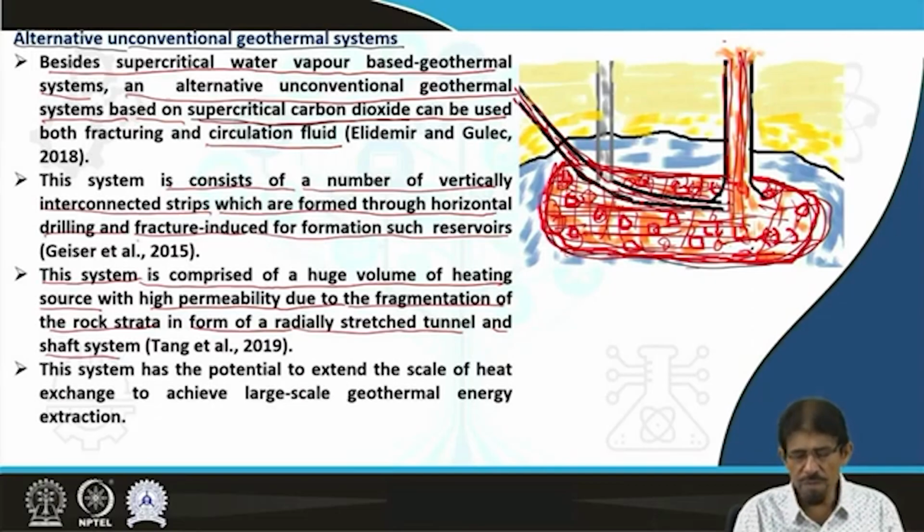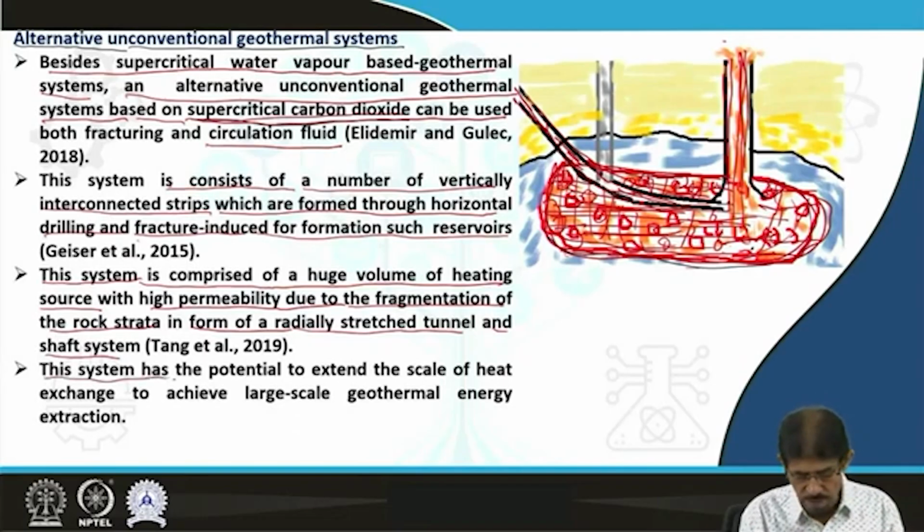The system has two benefits. On one side, we are going to utilize supercritical carbon dioxide, and carbon dioxide is problematic for the formation of greenhouse gases and induced climatic impacts.